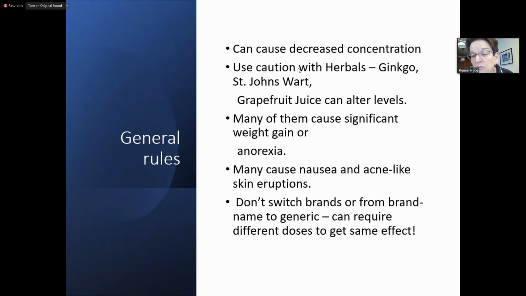As a general rule, the neurologists that I work with always prescribed brand name medications, okay?